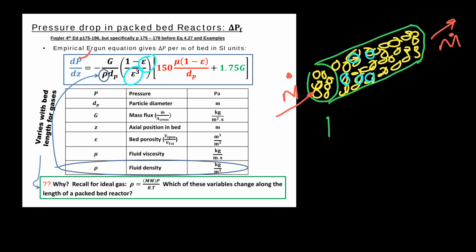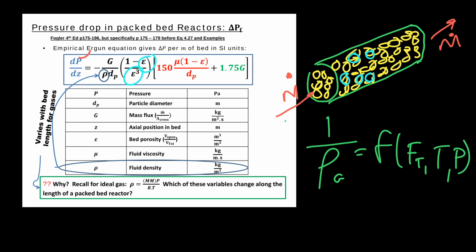We are now going to derive an algebraic equation that I can use to substitute my gas fluid density as a function of my dependent variables, the total molar flow rate, the temperature, and the pressure, along the independent variable that can either be catalyst mass, or the length of the reactor, or the reactor volume.